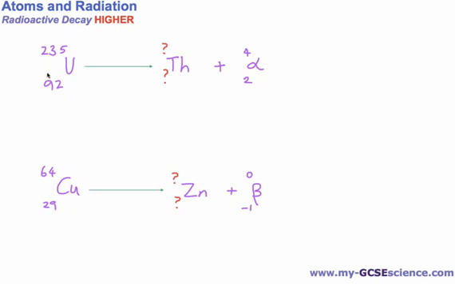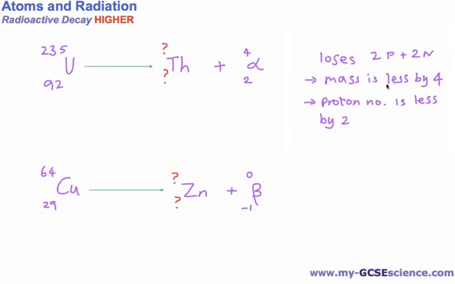So for our first example, we have uranium-235 with a proton number of 92. It decays by an alpha particle and it becomes the element thorium. So we want to know what the new atomic mass is and what the new atomic number is. So we have lost an alpha particle. So remember, the details about that are it loses 2 protons and 2 neutrons.